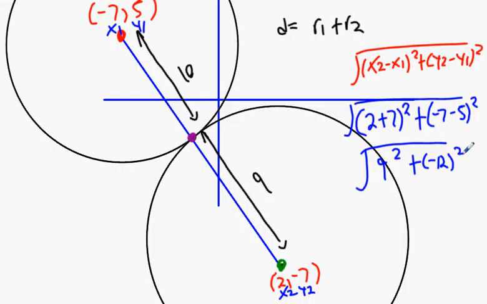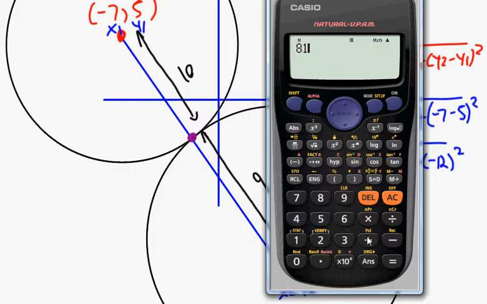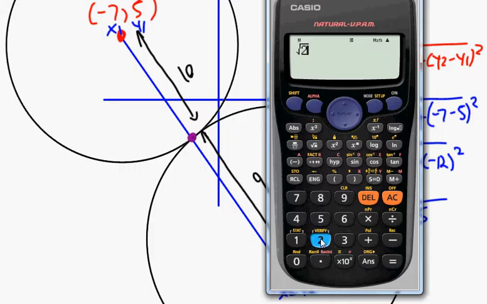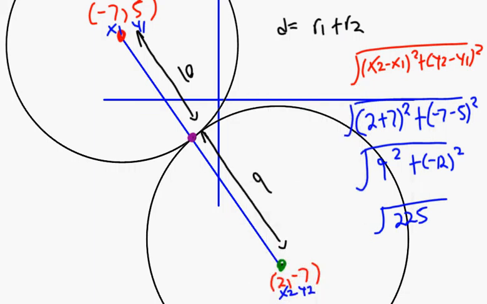It's going to be plus 144. What is it? 81 plus 144, which is 225. Okay. I think I might have made a mistake in this, guys. What's the square root of 225? Stop guessing for this. 15. Okay. So, do you notice they're not equal to each other?